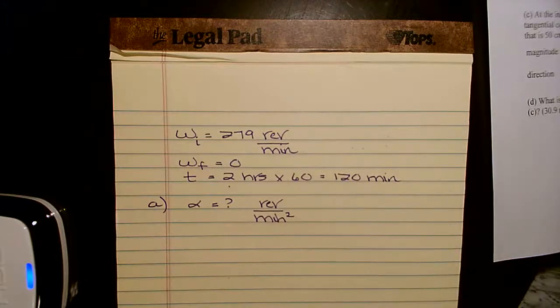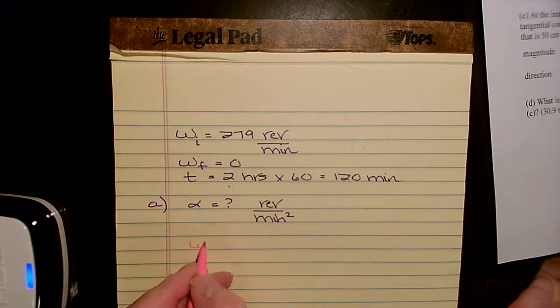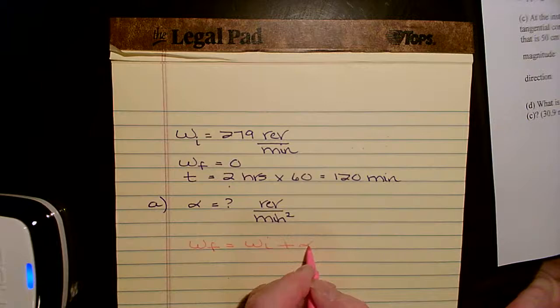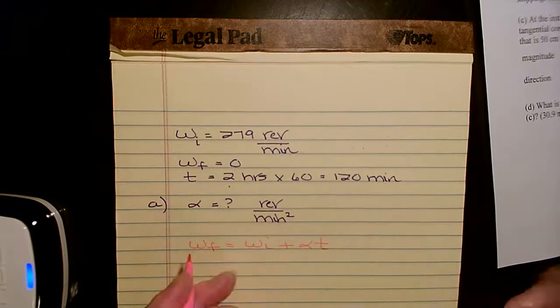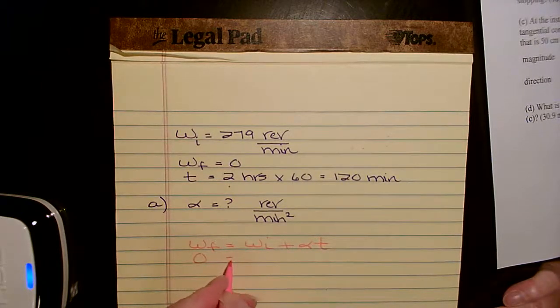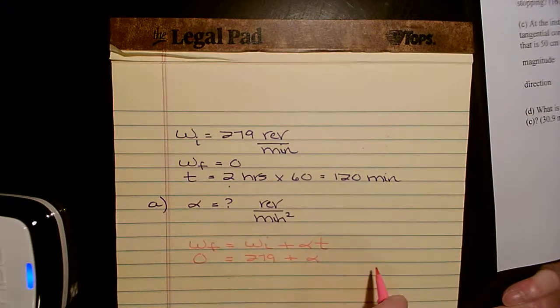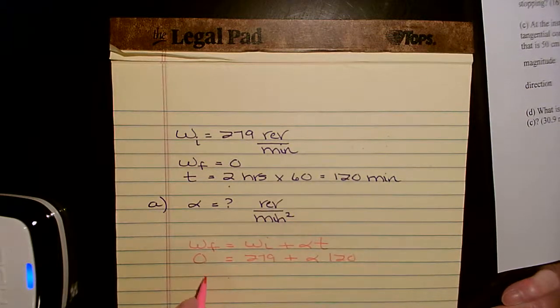All right, so how am I going to find the acceleration? How about this? The final velocity equals the initial velocity plus the acceleration times time. We are bringing the wheel to rest. It is starting at 279. So I'm going to solve for alpha, and I know that this is 120 minutes.